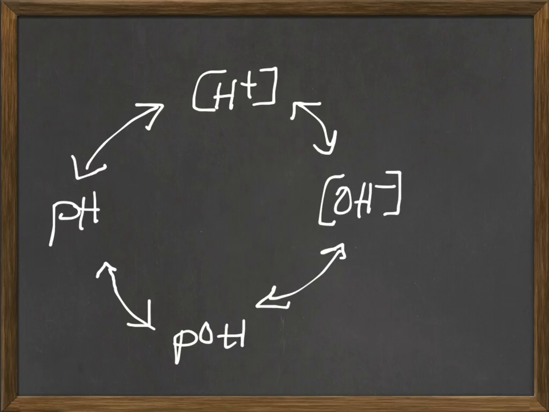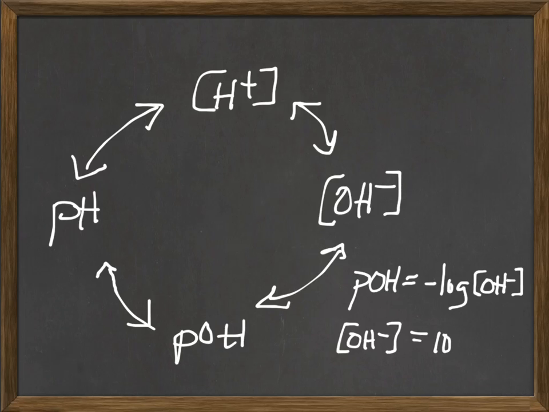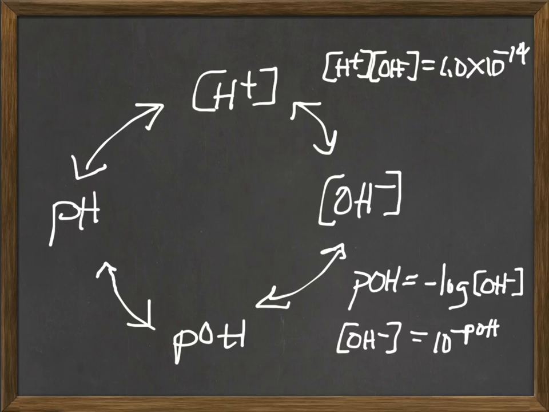So the relationship here is pOH equals negative log of the hydroxide ion concentration. The hydroxide ion concentration equals 10 to the negative pOH. Which equation you use depends on which direction you're going. You can go either direction. The relationship between hydrogen ion concentration and hydroxide ion concentration is that equilibrium expression for water, and you have to rearrange that and solve it for whichever one you need.